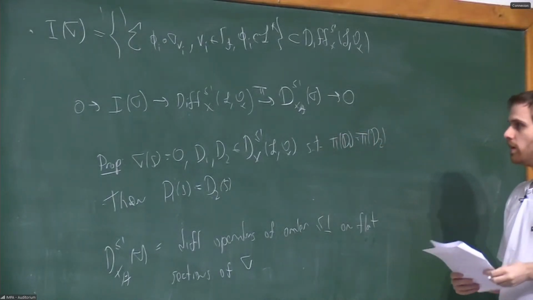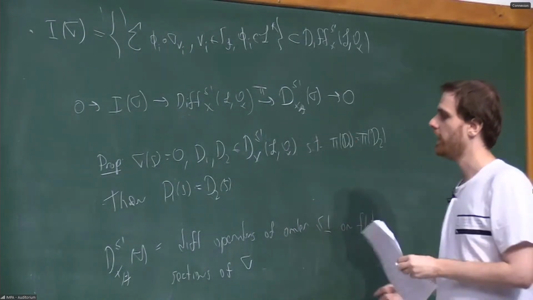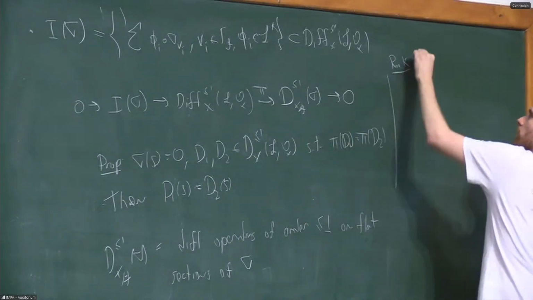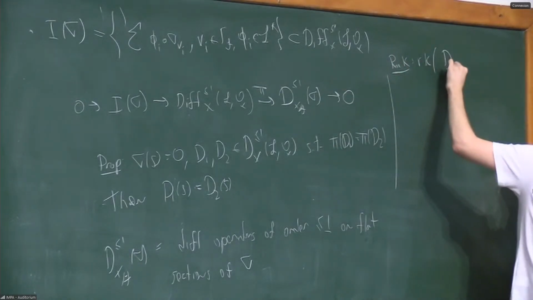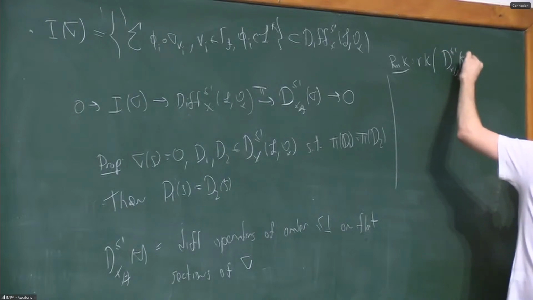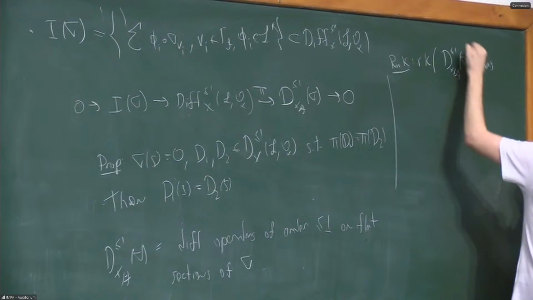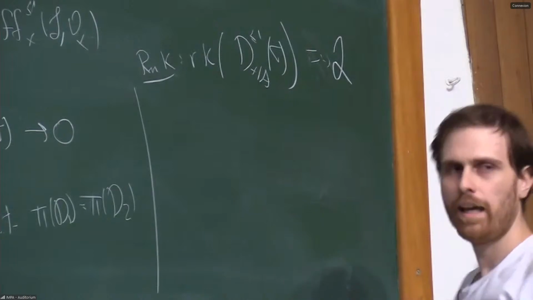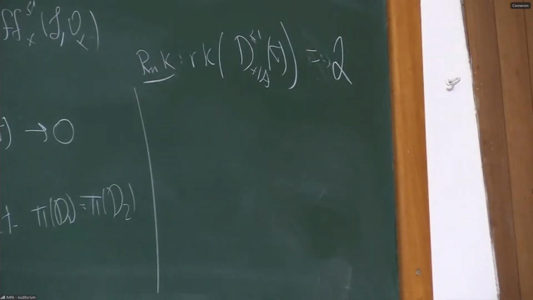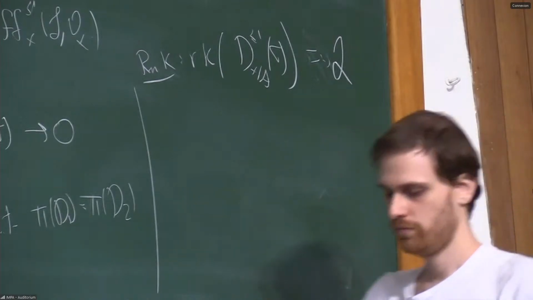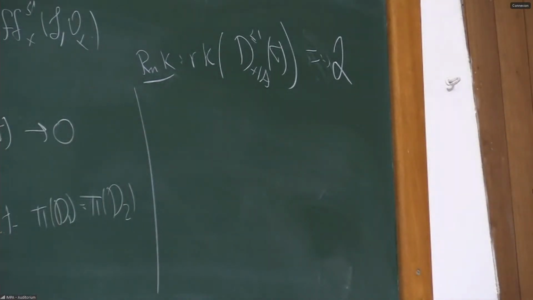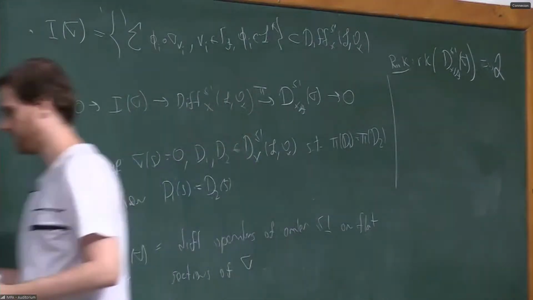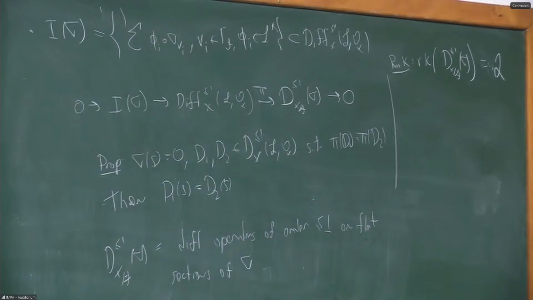And in this case, it is easy to verify that this one has rank 2, okay? And this will be the candidate to have a flat partial connection. I will do an example of this, a very easy one.